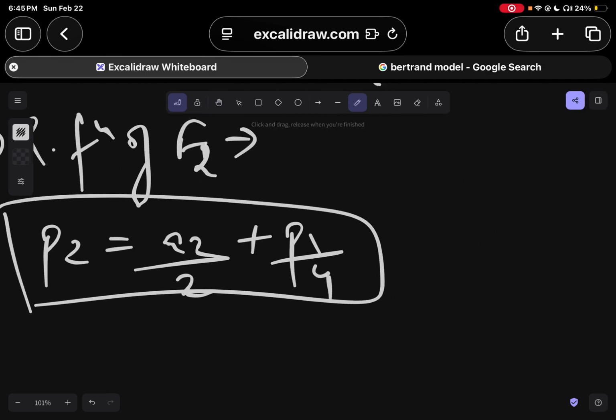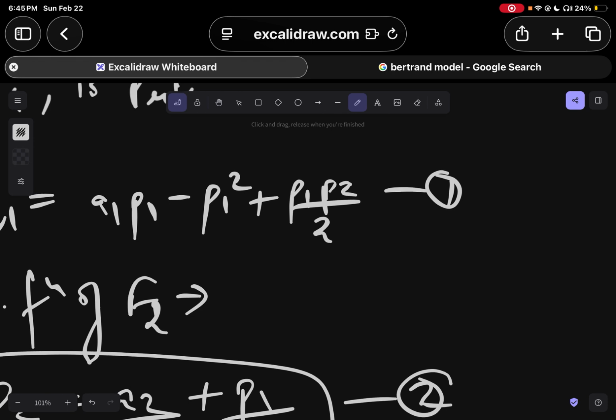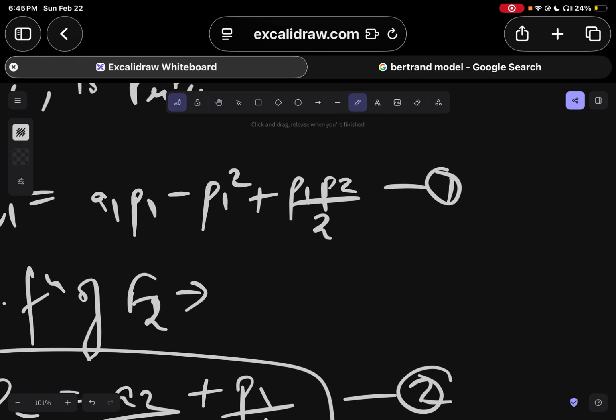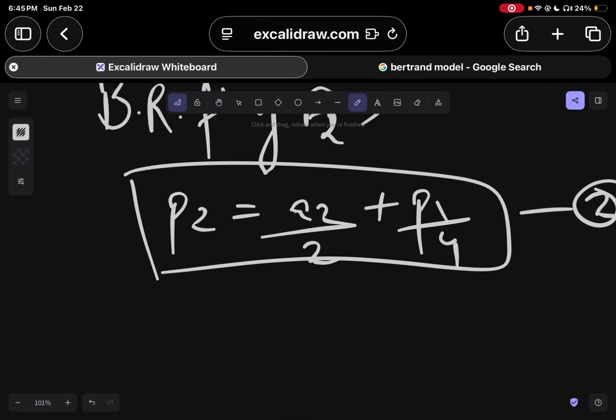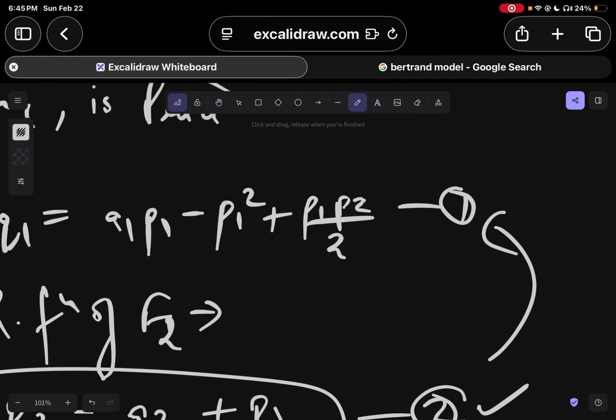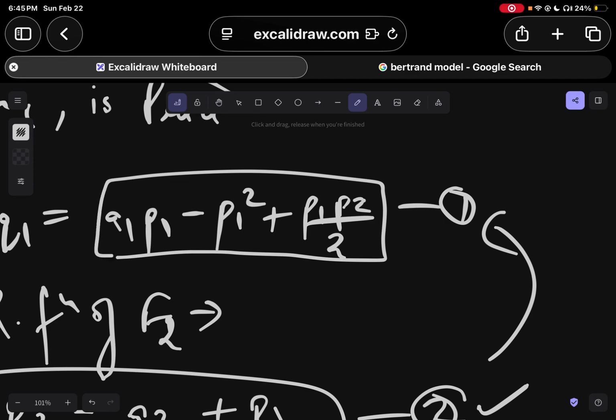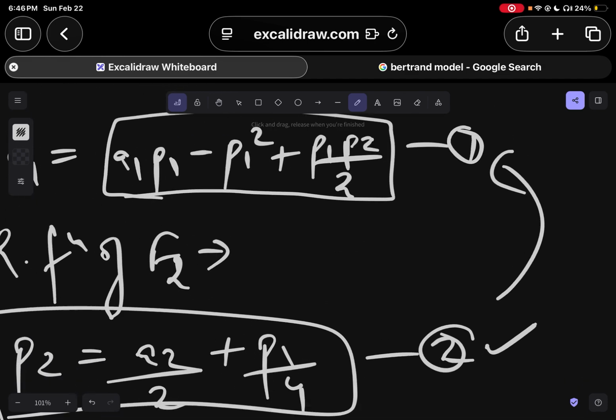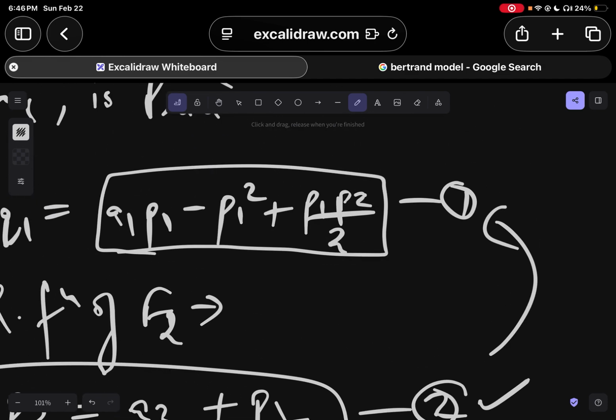Now putting P2 from equation 2 into equation 1, we will get, for those who want to see, equation 1 is this, and now we just have to get the P2 value in here.